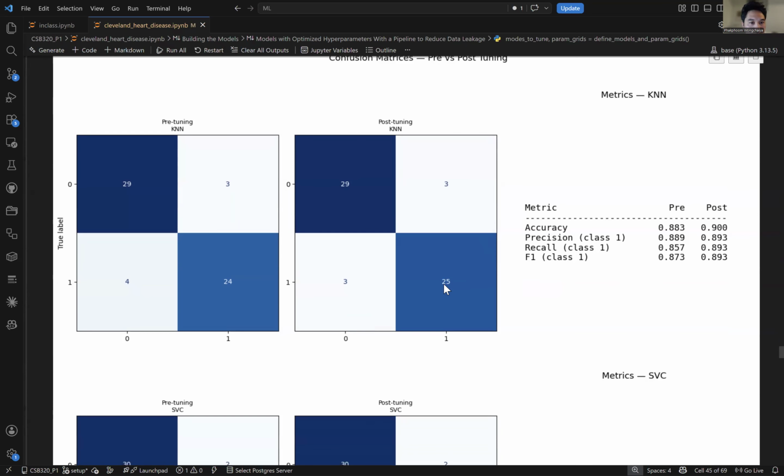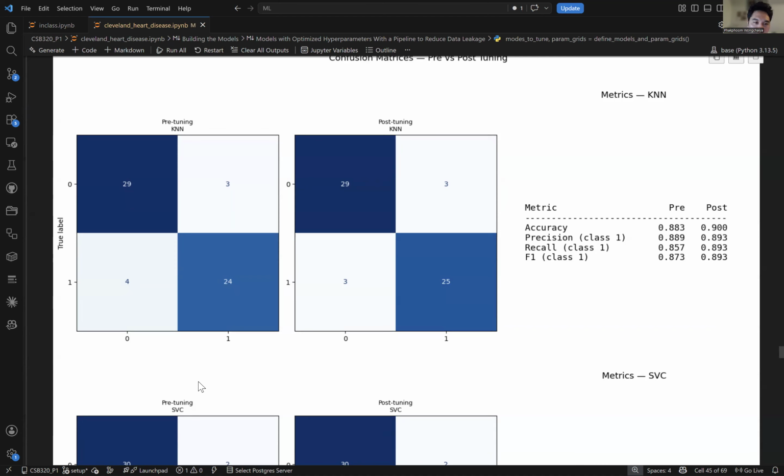And it looks like the model here did nominally better. It went from 8.57 to 8.9. All around here, everything did slightly better after pre-tuning.